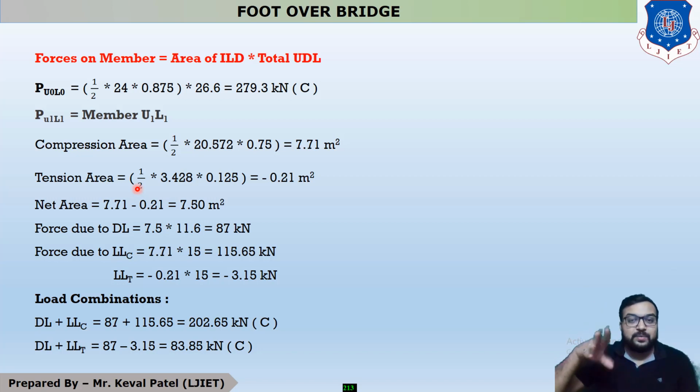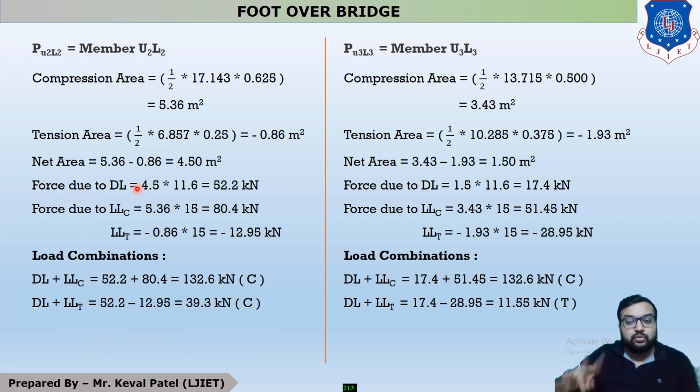First one is dead load plus live load compression, and dead load plus live load tension, and you will get your two answers. So for first member, you will get only one answer. For second member, you have to get two answers. For third and fourth member, you can also find out two other answers, and the calculations are shown in your presentation slide.